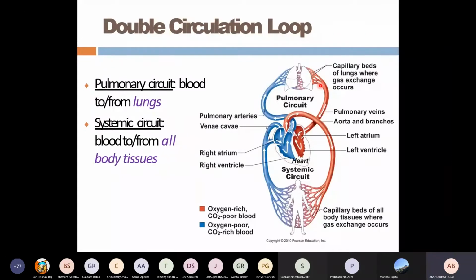So now the blood has become oxygenated, and this oxygenated blood is taken up by the pulmonary veins. Pulmonary veins carry this oxygenated blood into the left atrium. So left atrium now receives oxygenated blood, and this passes to the left ventricle, and from the left ventricle through aorta and many of its branches, it is distributed all over the body's tissues.